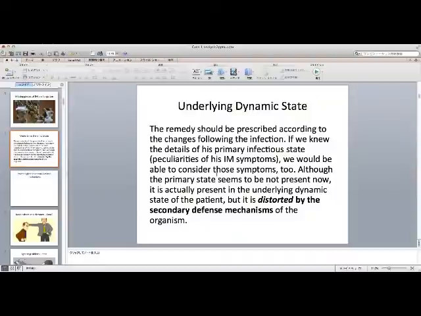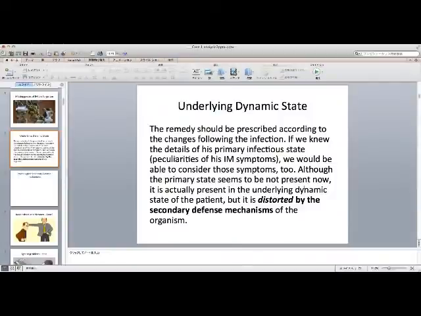Although the primary state seems to be not present now, it is actually present in the underlying dynamic state of the patient, but it is distorted by the secondary defense mechanism of the organism. So the organism here is the patient, right?